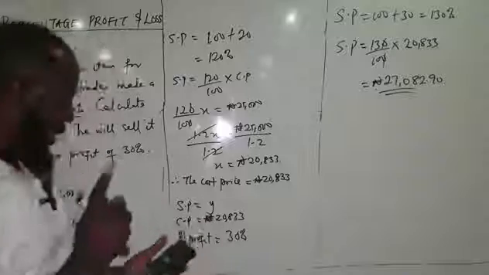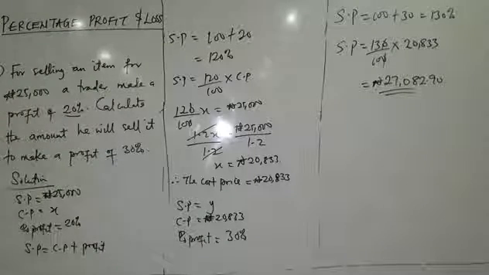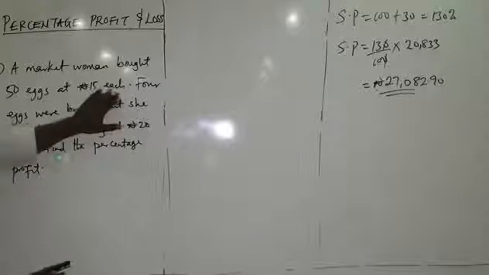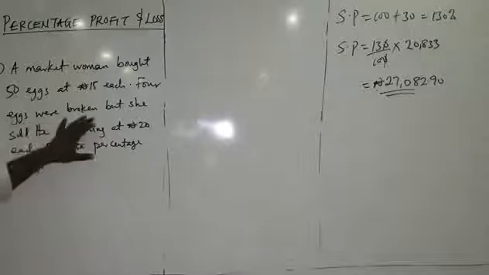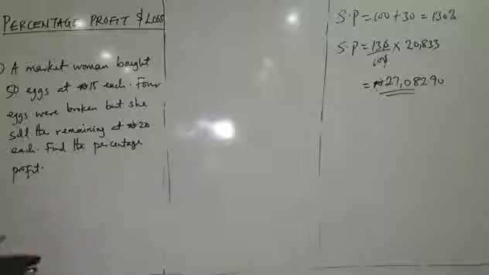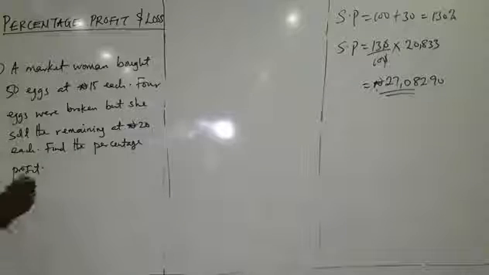So we look at one more example which is very important. One more example before we end the video. The last question. A market woman bought 50 eggs at 15 naira each. 4 eggs were broken. She sold the remaining at 20 naira each. Find the percentage profit. So let's do the analysis again.